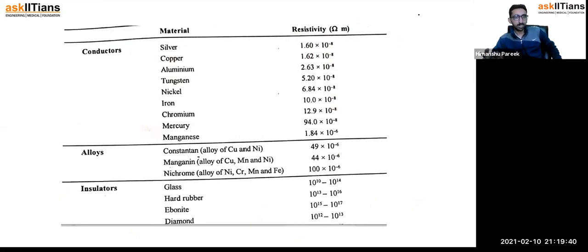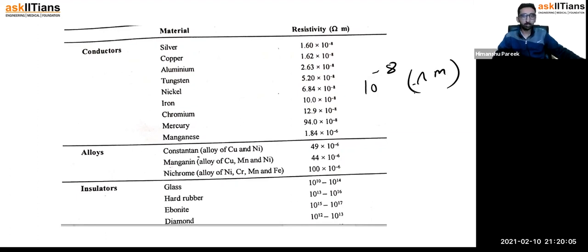Before we go there, let us first talk about the values of resistivity. For silver, copper, aluminium, tungsten, nickel, then iron, chromium, mercury, manganese, the values are approximately of the order of 10 to the power minus 8 ohm meter. But for other materials, it is a little bit higher.